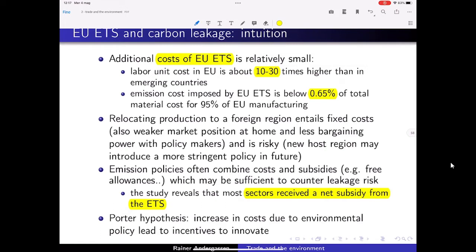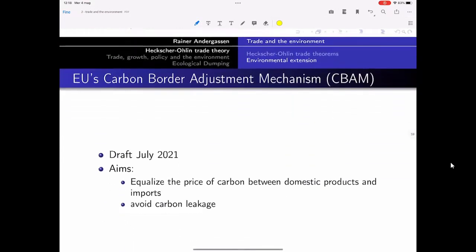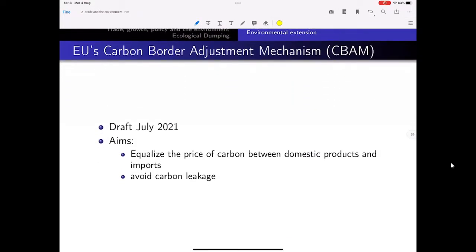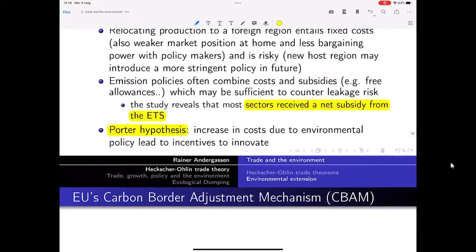Moreover, the Porter hypothesis might also work, in the sense that tighter environmental policy might lead to innovation and therefore a reduction of production costs. And that's why carbon leakage does not show up in the data. Therefore, the Porter hypothesis might play an important role for the result.